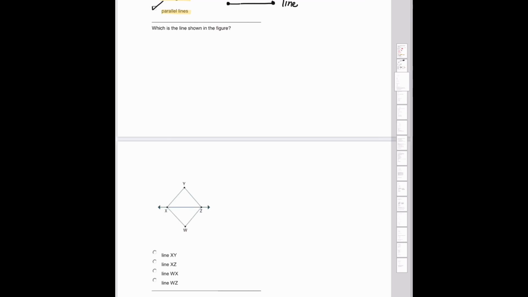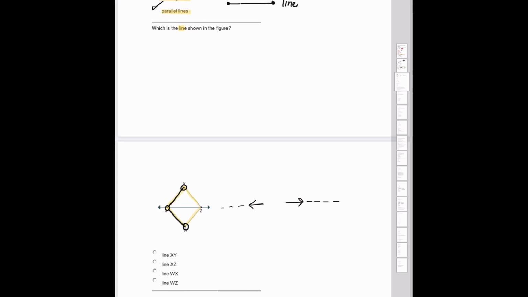This question is asking us what line is shown in the figure. Well, we know that lines contain two arrows indicating that those lines extend infinitely in either direction. We can see here that there are in fact various segments in this diagram, but there is only one line. How do we know that these are segments? Well, because they contain two endpoints and do not extend infinitely in either direction.